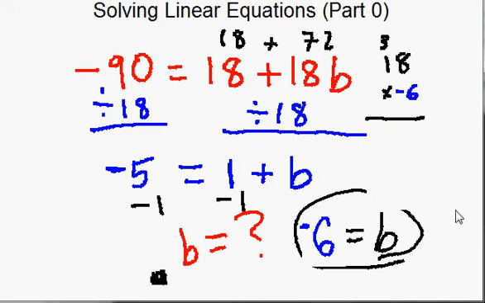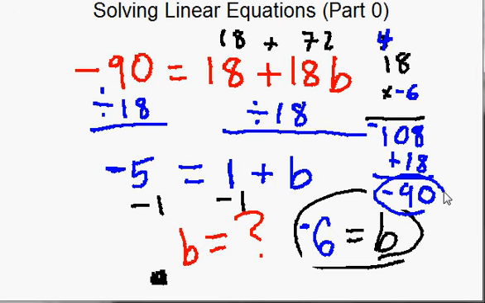You get, let's see, 18 times negative 6 is 8, carry the 4, 108, but that's a negative. So negative 108, and then plus 18. Well, a negative plus positive, that means you subtract and make it negative. So you get negative 90, which is over here. Okay, anyway. Sorry about that mix-up at the end.